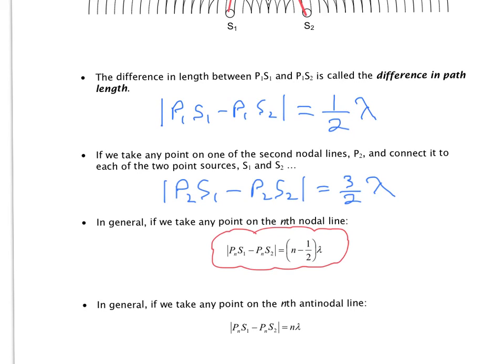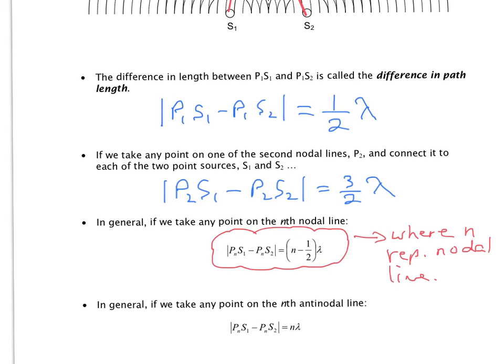What does it mean? When I talk about n, let me just write this down, n represents the nodal line, if you will. So it is the point on the first nodal line, second nodal line, third nodal line, etc. And as you know, the first nodal line is the first nodal line away from the perpendicular bisector.